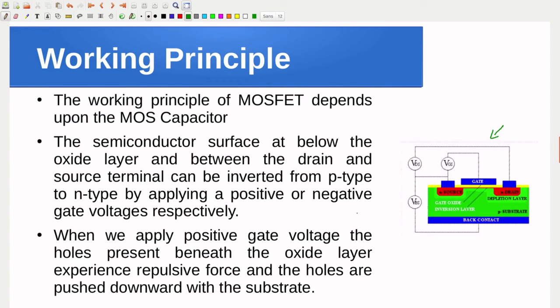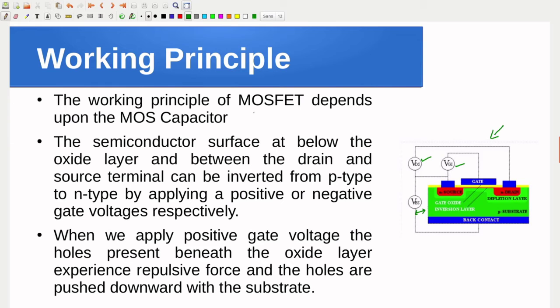We have a gate to source voltage VGS connected between the source and gate, and a drain to source voltage which is connected between the drain and the source, and also we have a base to source or back contact to source voltage connection.